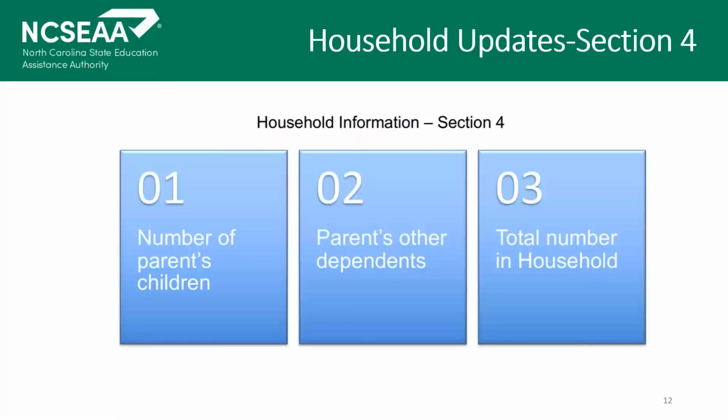Based on how the student answers their parents' marital status, it will also include parents in addition to the student and the student's parents' other dependents in the household, to give a total number. But when the student sees it initially, it's going to give them the total number of dependents in the household, but later in the application, it will show the total number in the household.